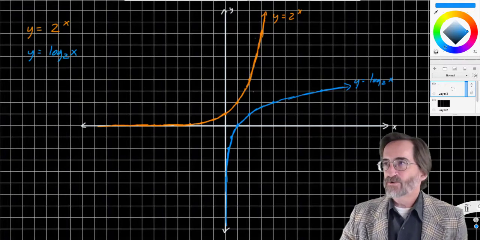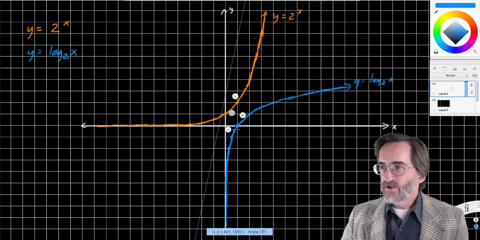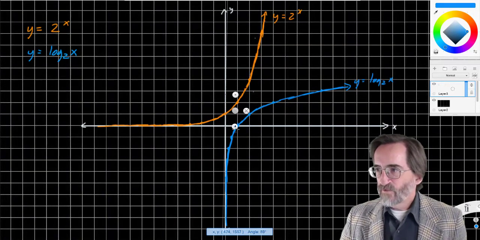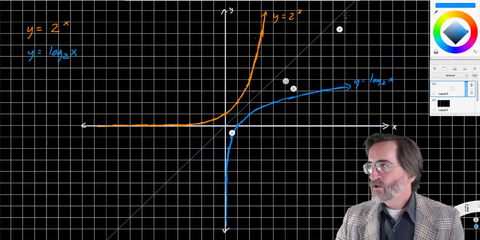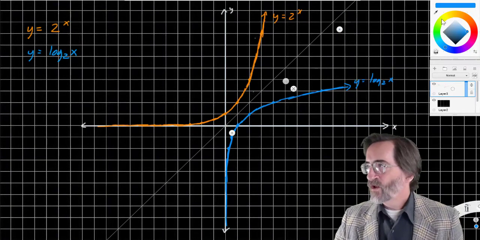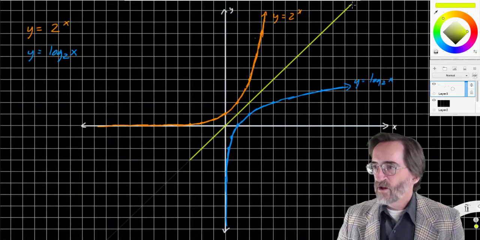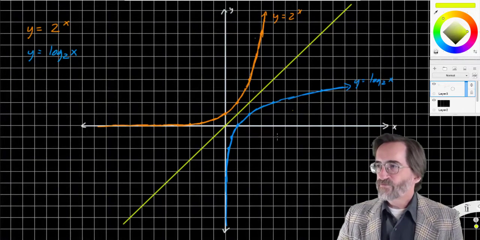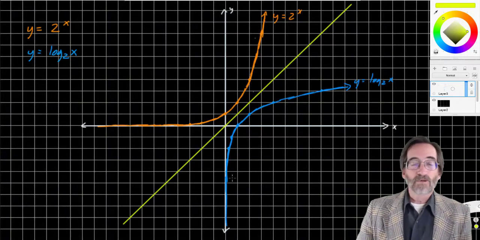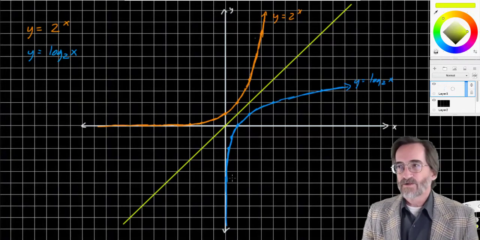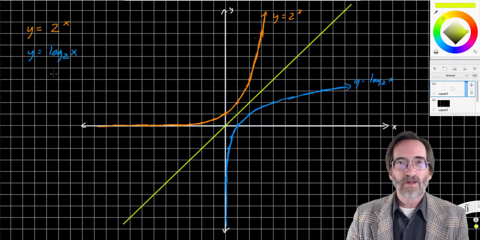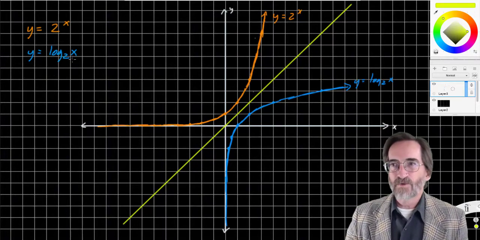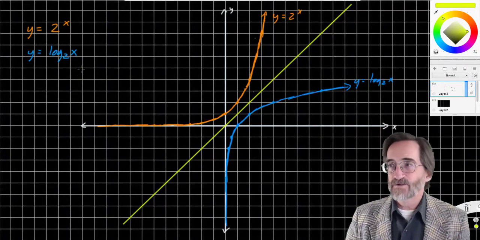If I draw the diagonal, then we can see the blue is a reflection across the orange. And so that reflection property, that switching of x and y that happens in logarithms, is very important to note. The log function is the inverse of the exponential function.